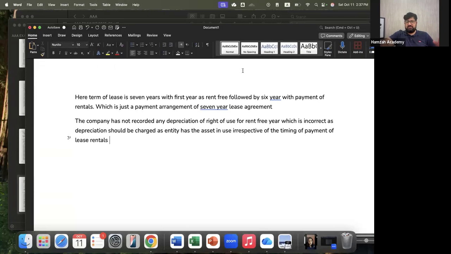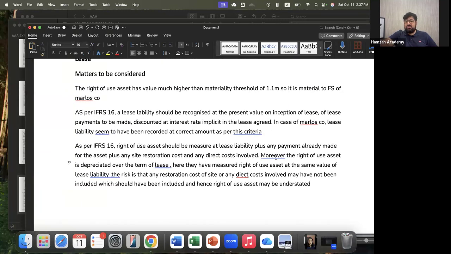You see here the difference. Here we said there is risk that direct cost may not have been involved. Why we said risk here? And we said may be understated because it is not clear from the scenario. It is not clear from the scenario that whether direct cost is there or not. So we as an auditor, we are skeptic.